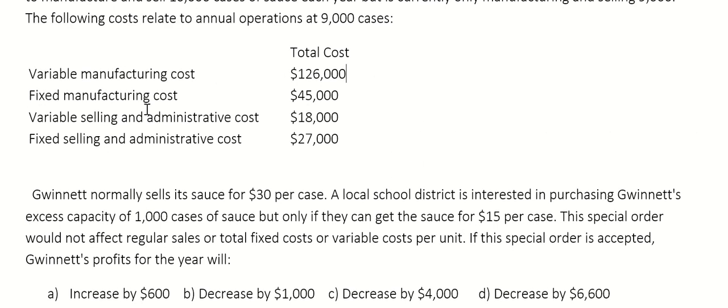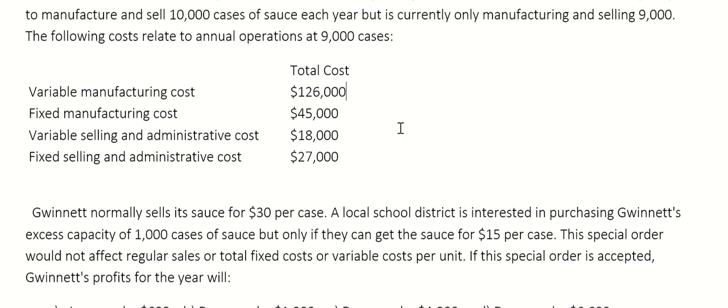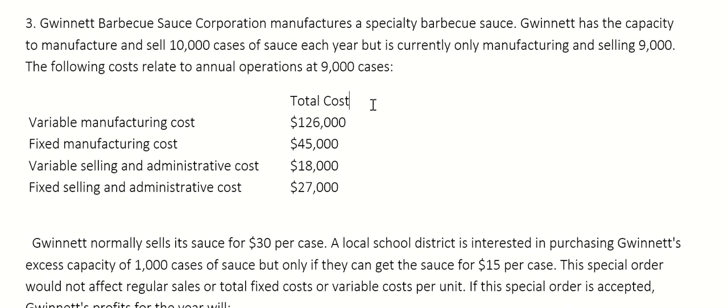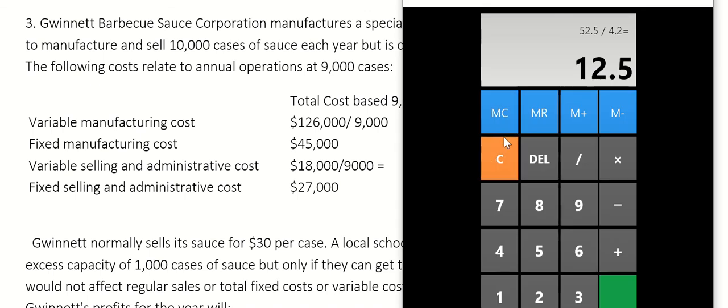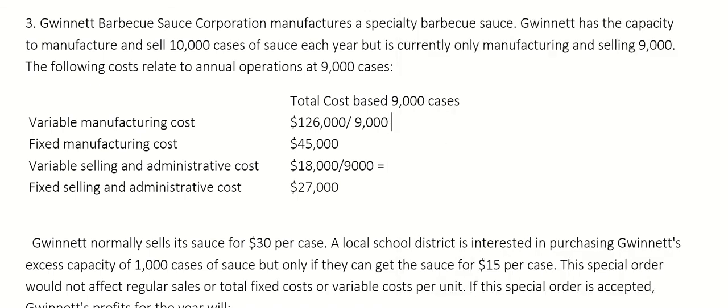So how much is their variable cost right now based on what they're selling now? So this is based on 9,000 cases. So I would divide the variable manufacturing cost by 9,000 because that is driven by the number of cases we are selling now, or producing now. 9,000 here, and so pull out my calculator. 126,000 divided by 9,000 equals $14 for the variable manufacturing cost.